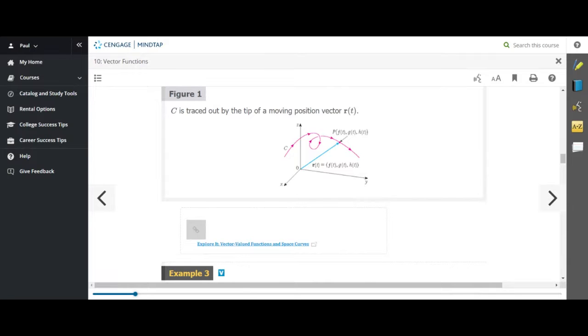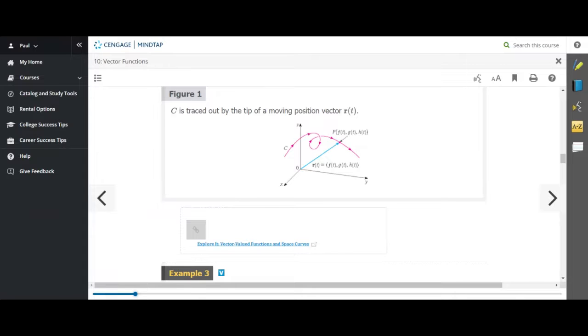So the space curve C is traced out by the tip of the moving position vector r. Remember, as t changes values, the position vector r changes too. Think of the tip changing, and it's going to trace out a space curve.